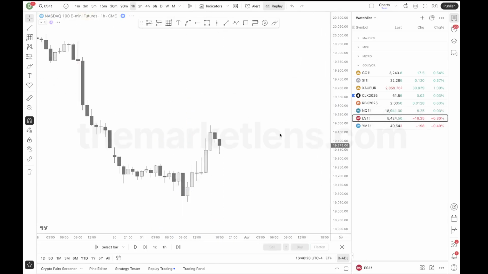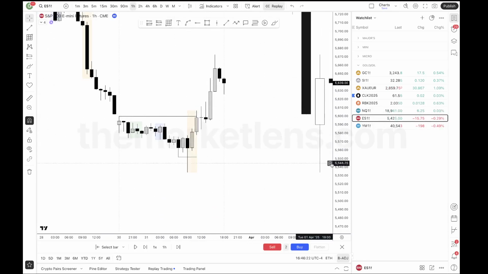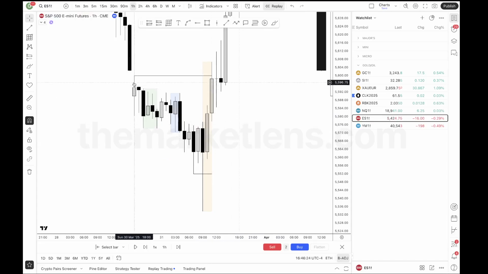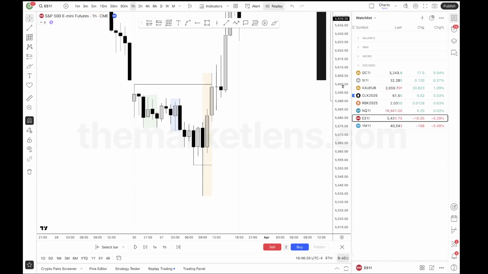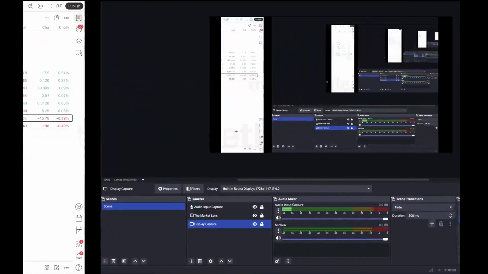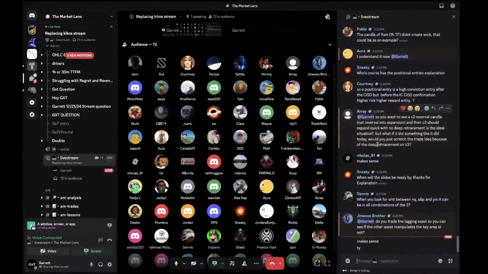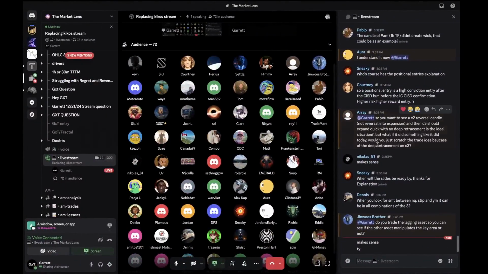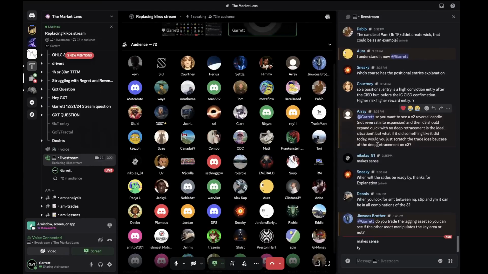So if I know that NQ and ES are going to hit these highs, then I can just trade ES to target these highs, right? Does that make sense? You can still trade the asset that's lagging, and you can just target the high that the stronger asset already hit, essentially.